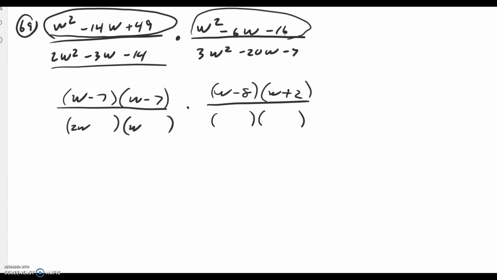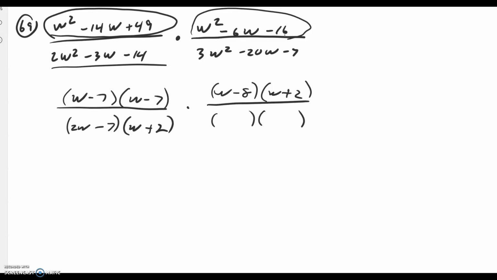So what if this is a minus 7 here, and what if this is a plus 2 here, just to see what happens. We've got negative 7 times positive 2, that's negative 14. Negative 7w plus 4w is negative 3w, that checks.